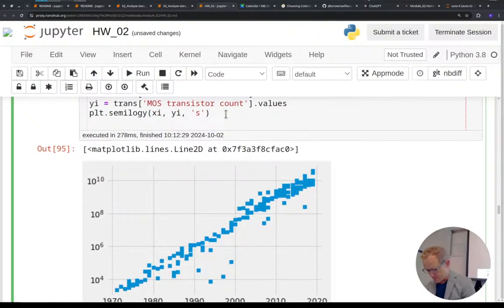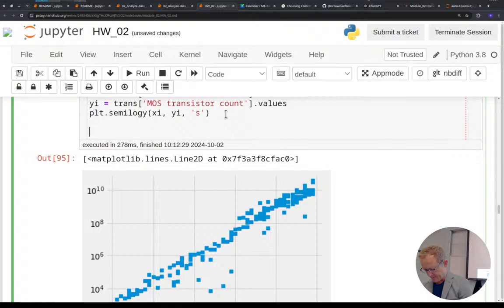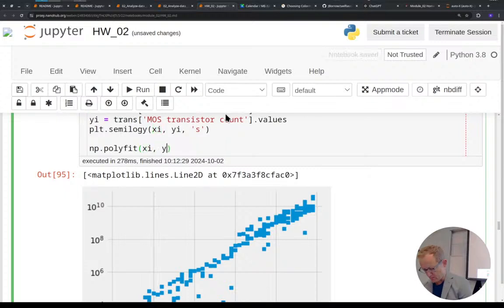And I could even try that out. All right, well, plt.semilogy. So I want to find, let's do a polyfit of xi and yi.